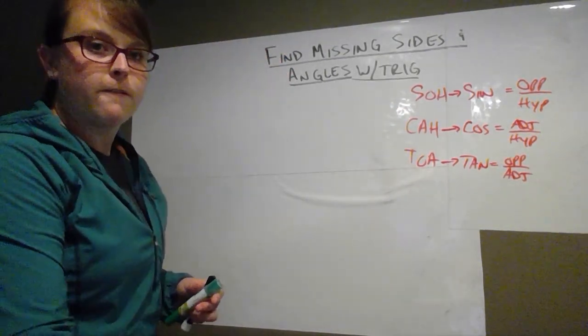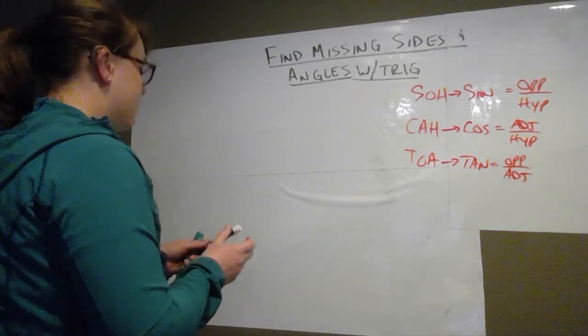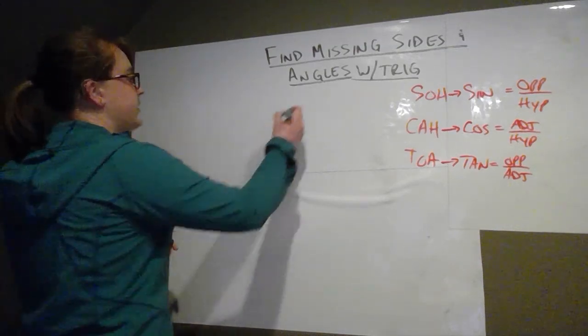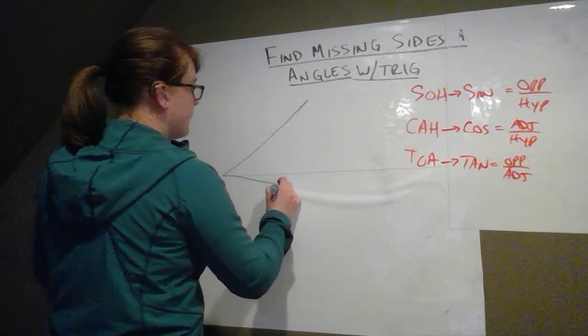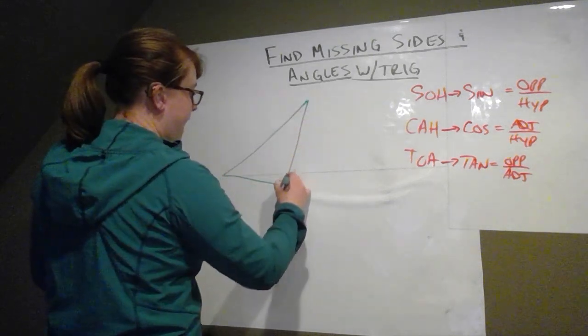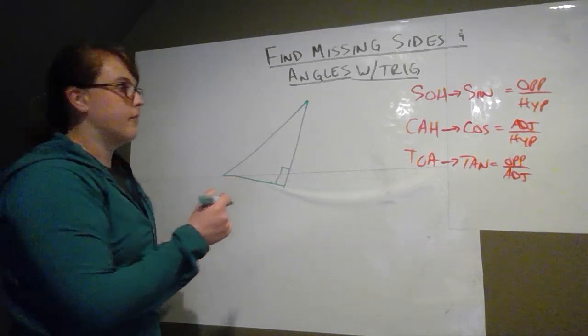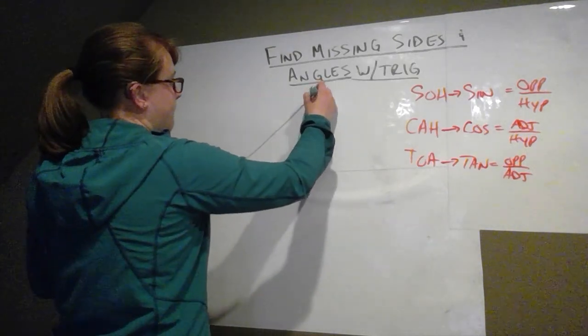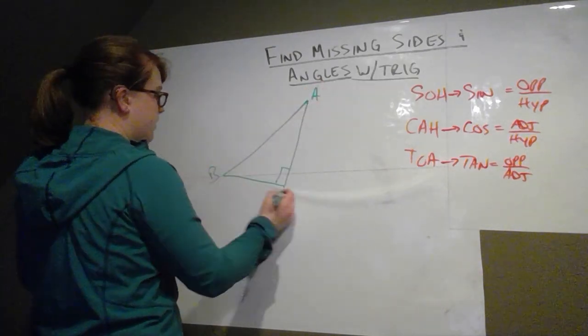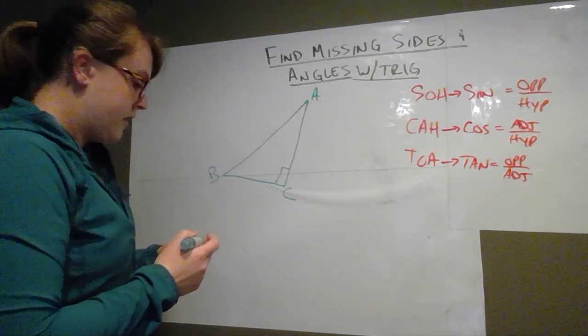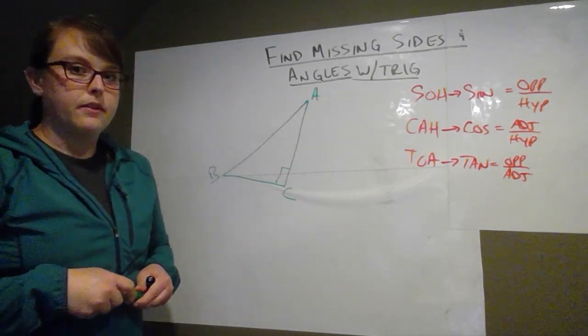Okay. So in order to solve for a missing angle on a right triangle, well, first you need a right triangle. The second thing you need is at least two of the sides. So they will ask you for a particular angle.